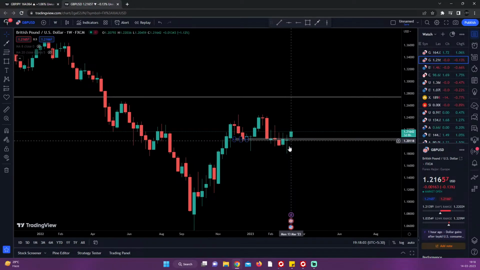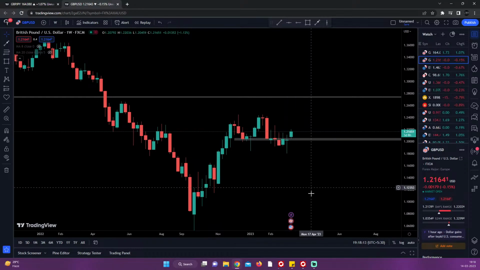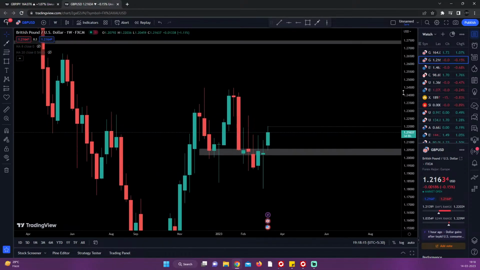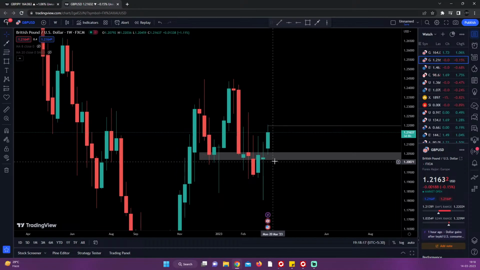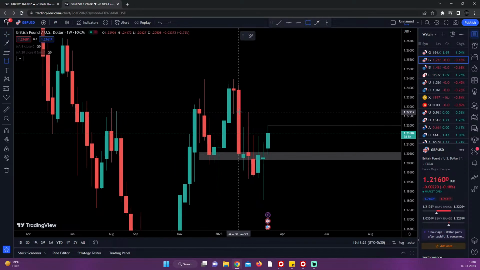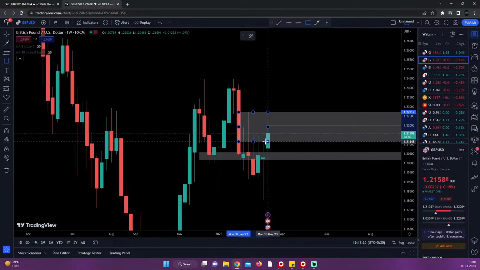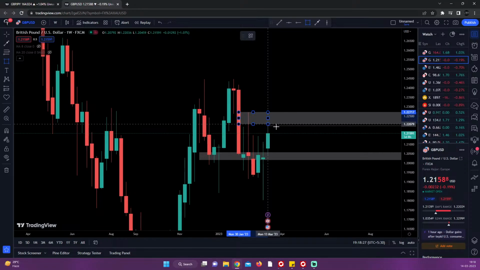But today's weekly candle over here just went straight up. It broke these highs over here, the 1, 2, 3 candle highs. But even if we see this candle going all the way up, it does not mean that it can really go all the way up and the trend is buy.